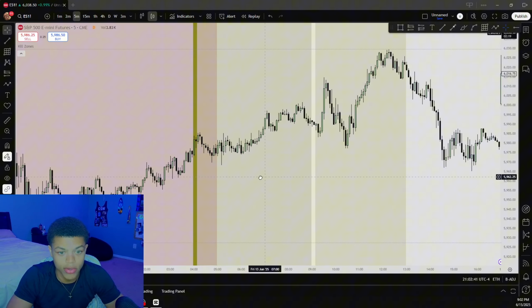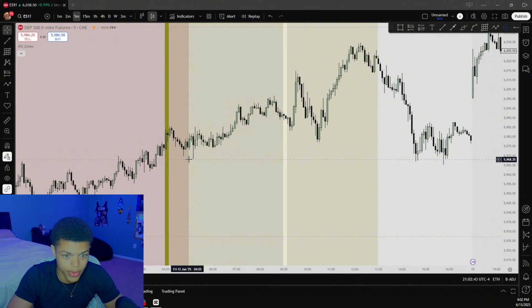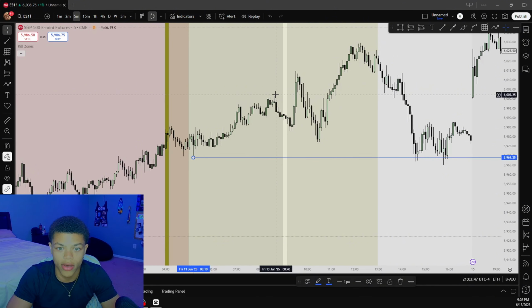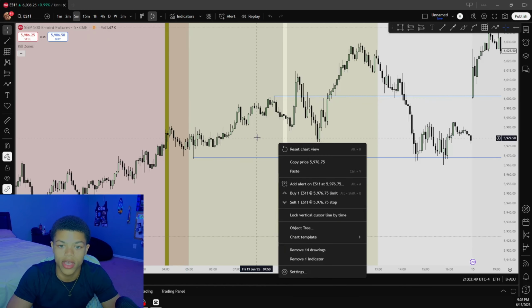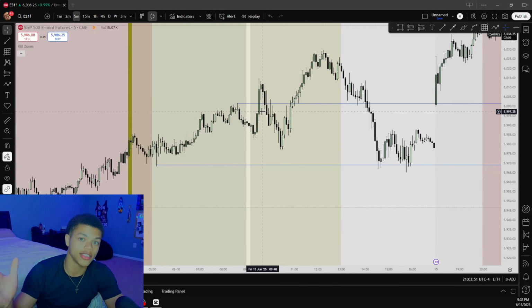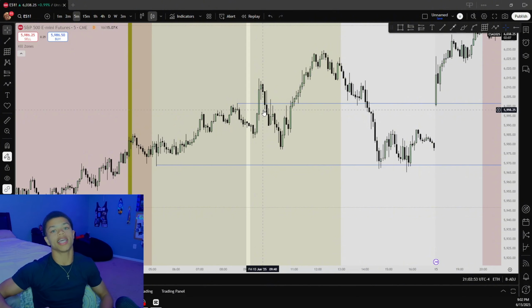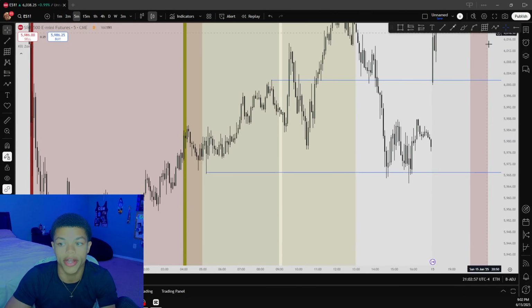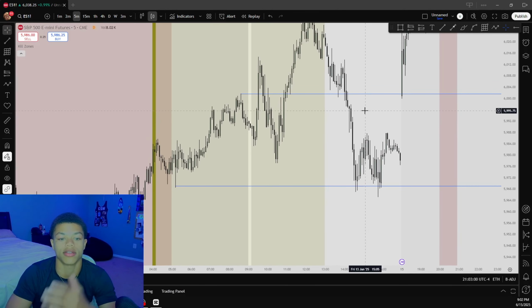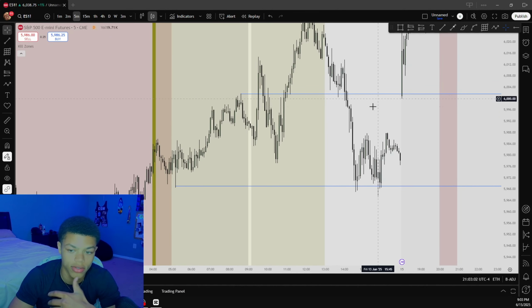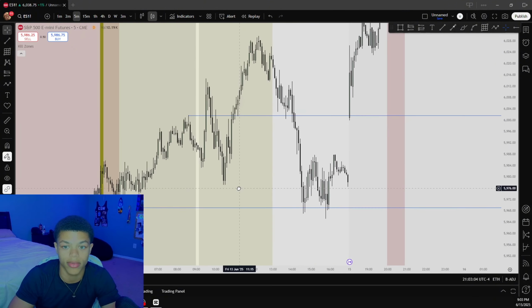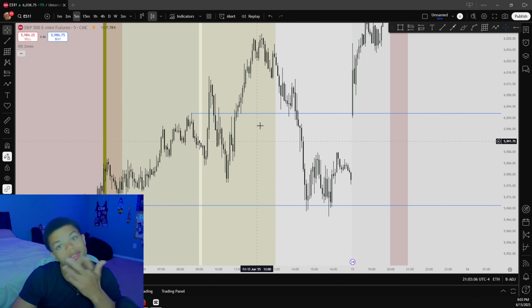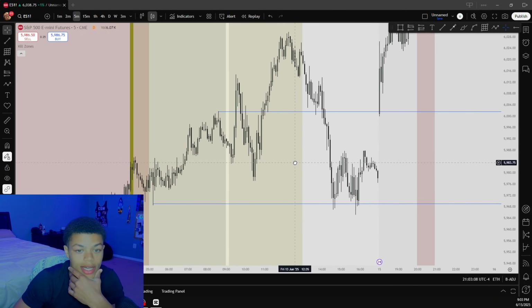So for example, this is London session right here. I'm going to mark out that low, mark out London high. So now in our next session, we want to target these as draws or pools of liquidity. Okay, it's just, where does market want to go? These are areas for price to go to and either take out and sweep, or sometimes we don't touch them at all, to be honest.